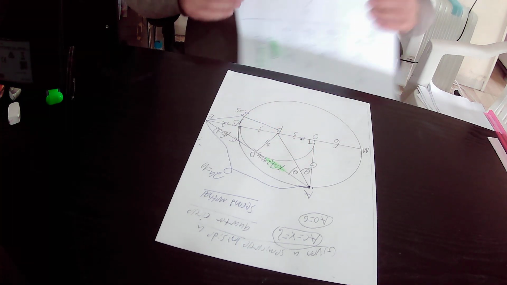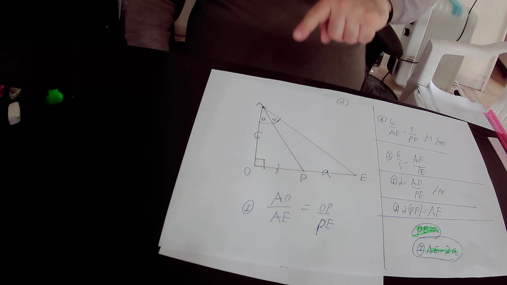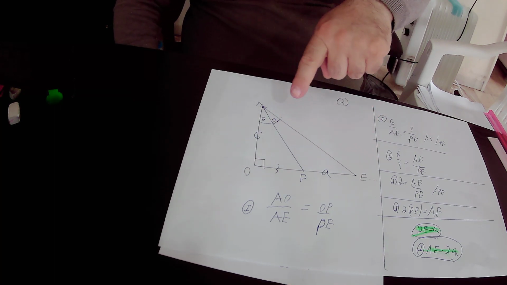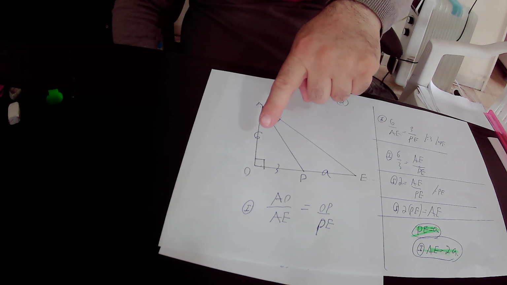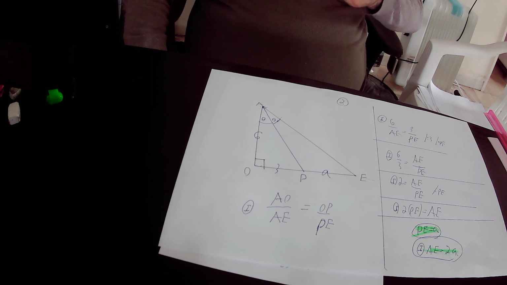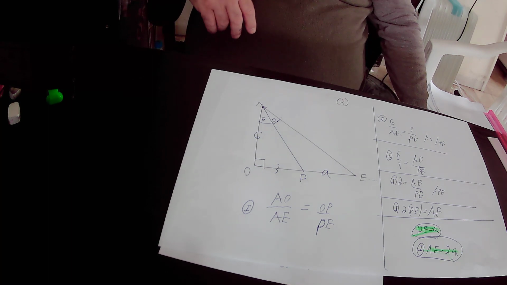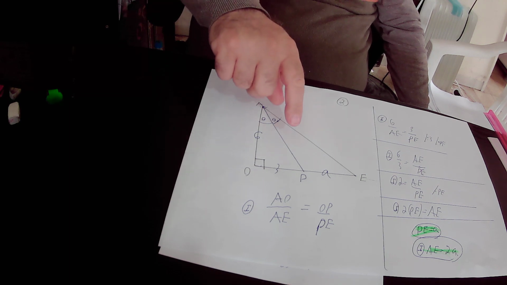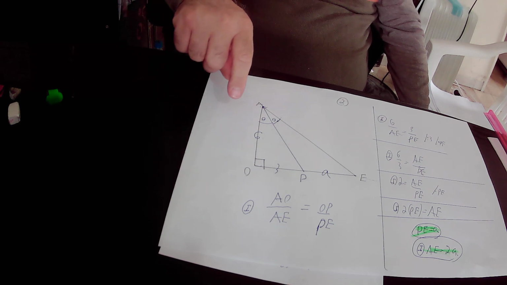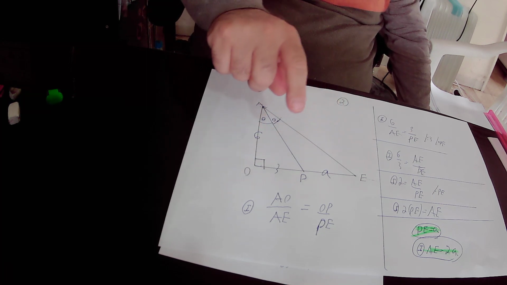So I copy the right triangle AOE in this new page. You have here angle bisector AP that divides angle OAE into two halves. Therefore, according to the angle bisector theorem, the ratio that angle bisector AP divides side OE is OP over PE.